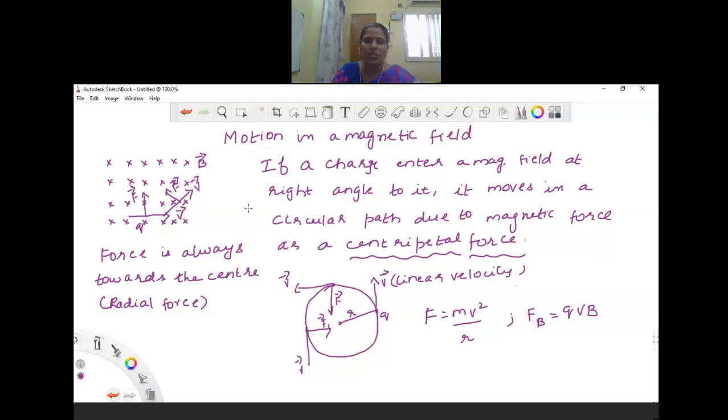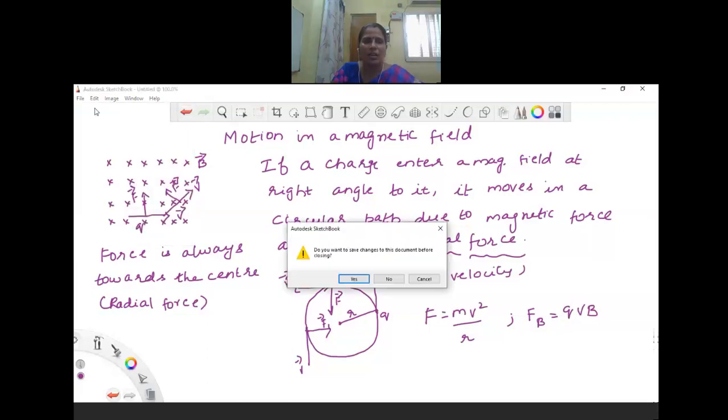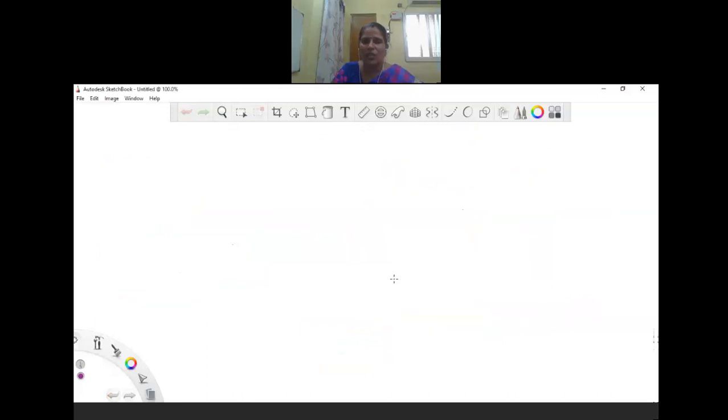So now we are going to equate this centripetal force and the magnetic Lorentz force. We can write qvB is equal to mv squared by r.